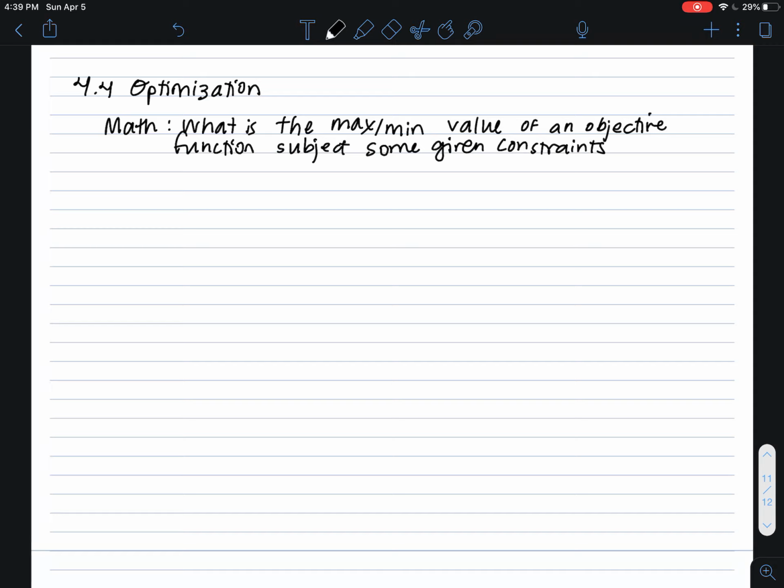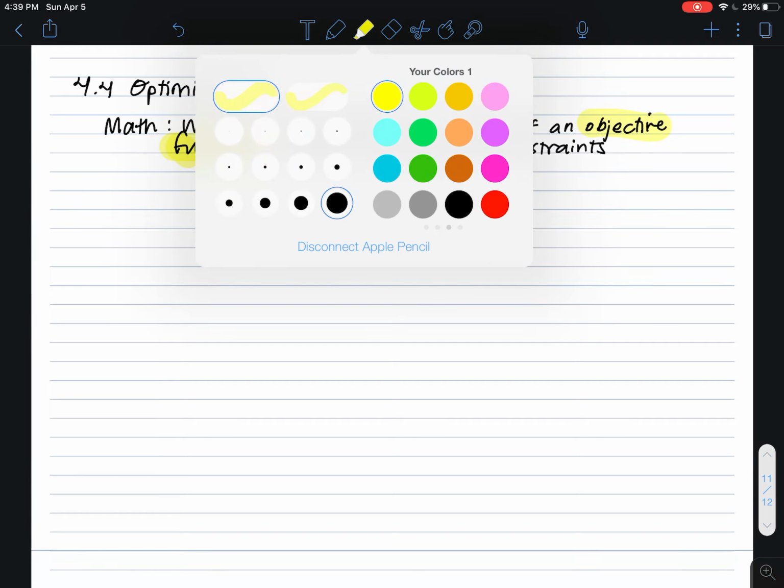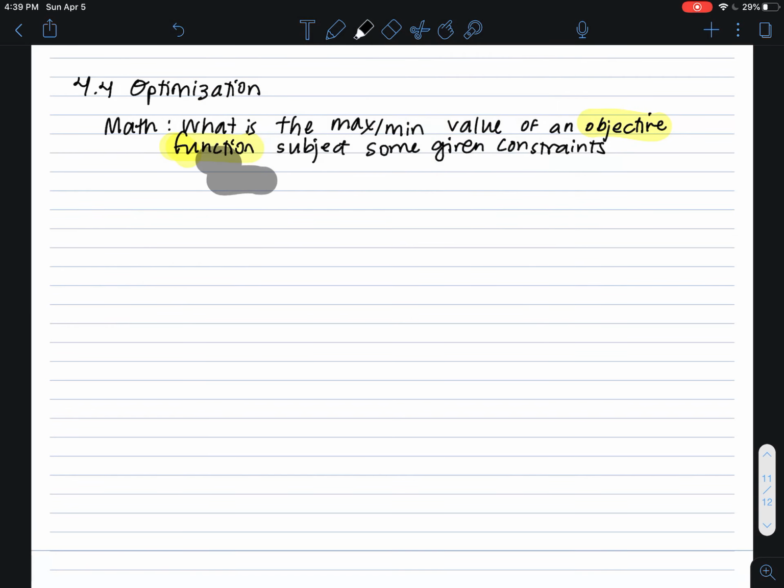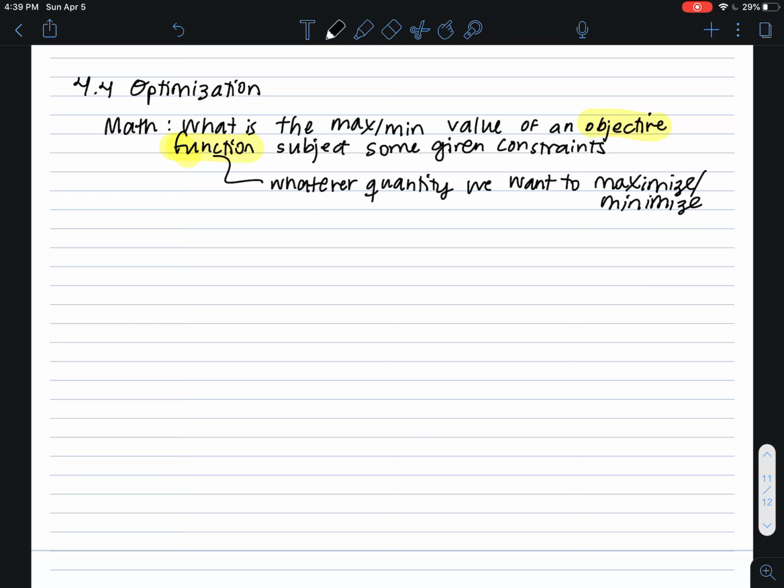But just to clarify some terminology, when I say objective function, that's just whatever we want to maximize or minimize. Okay?